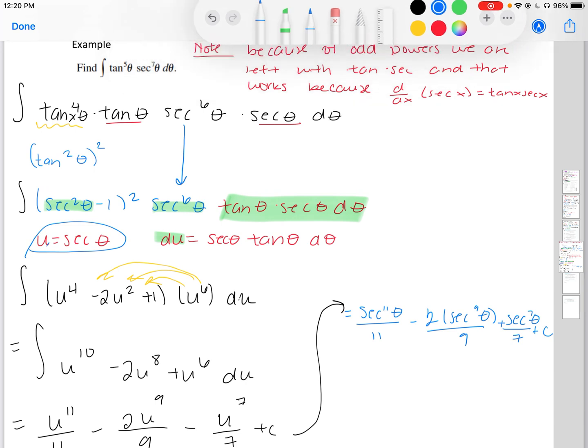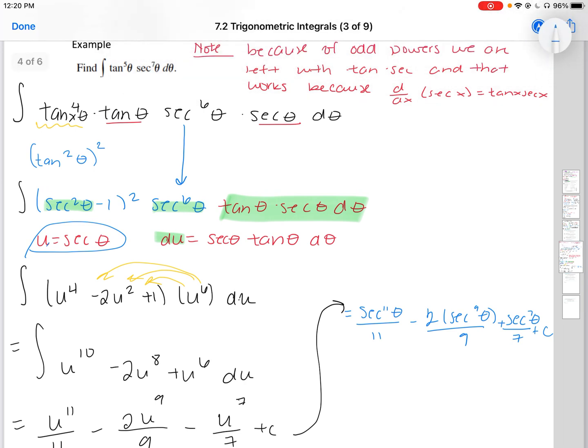Now again, what made this problem different is that we had odd exponents with tangent and secant, but that wasn't a problem because we knew that a derivative would involve both tangent and secant.